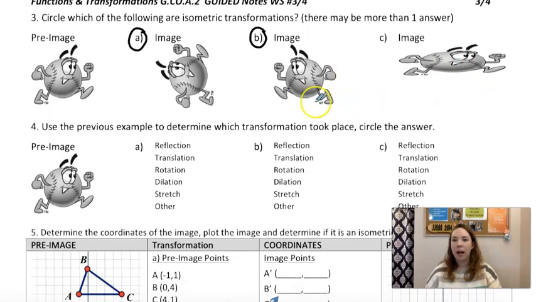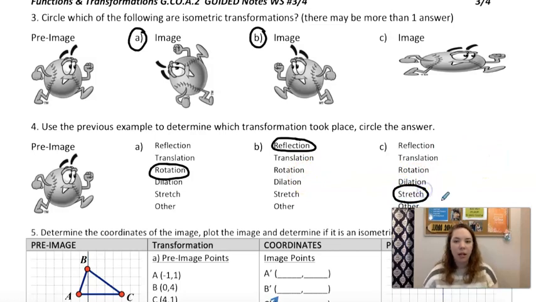So if we look at what happened, this one looks like it was rotated about 90 degrees counterclockwise this time. B is a mirror image, so that's a reflection. And then C looks like it was stretched. It's definitely been expanded left to right, but it's kind of squished up and down, so it was not proportional.